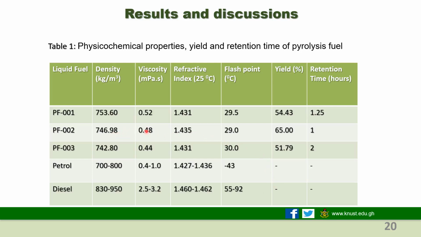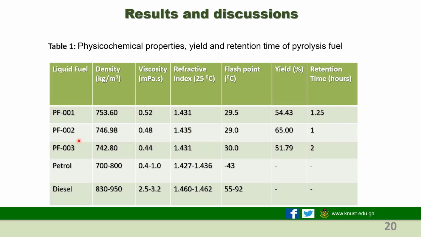The hydrogen form of the catalyst exhibited the highest activity, giving a yield of 65% at a process duration of 1 hour, whilst the sodium form gave a yield of 54.43% at a slightly longer retention time of 1 hour 15 minutes.